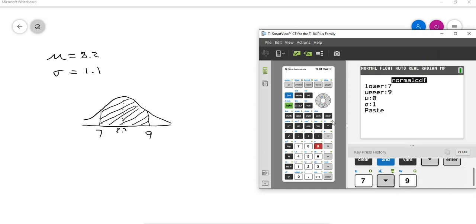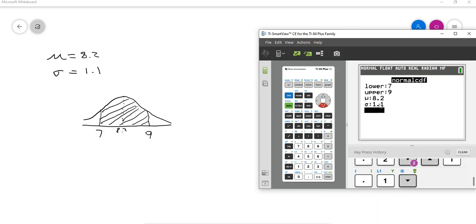The mean is 8.2. Standard deviation, 1.1. And then paste.